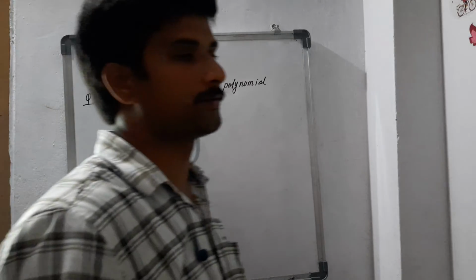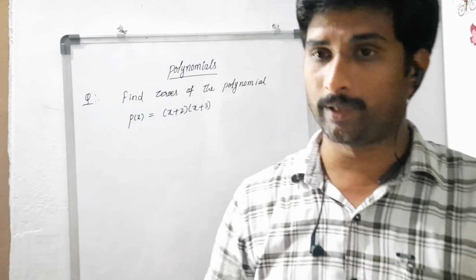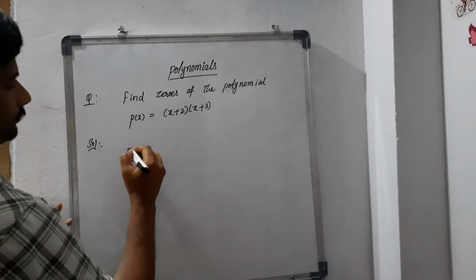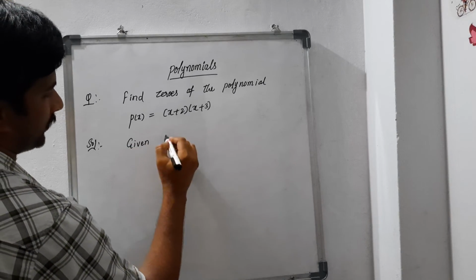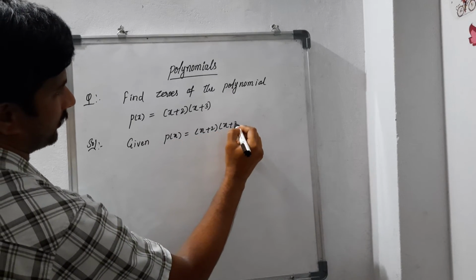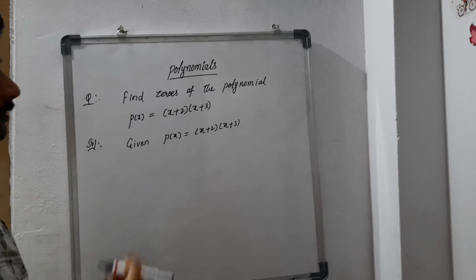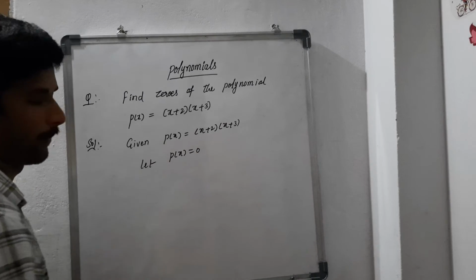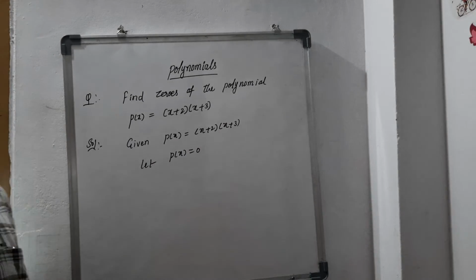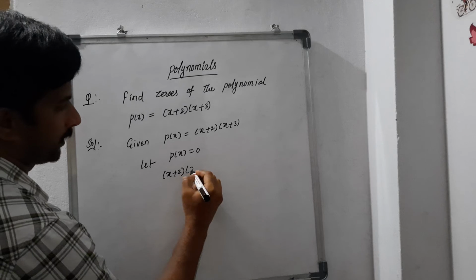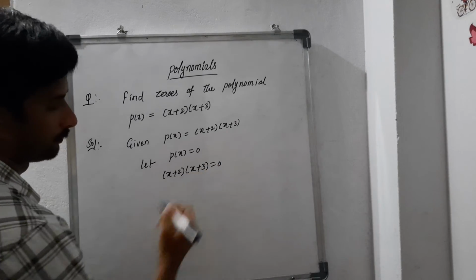To find the zeros of the given polynomial, we should equate the polynomial to 0. So let p of x is equal to 0, which means x plus 2 into x plus 3 is equal to 0.